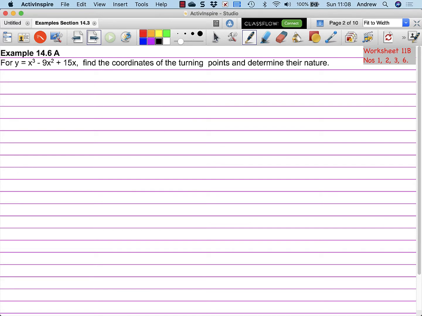Now, we're going to look at the method for finding the coordinates of the turning points and determine their nature. So the first thing we're going to do is a quick summary or review of what the formulas are. For a local maximum, there are two formulas.